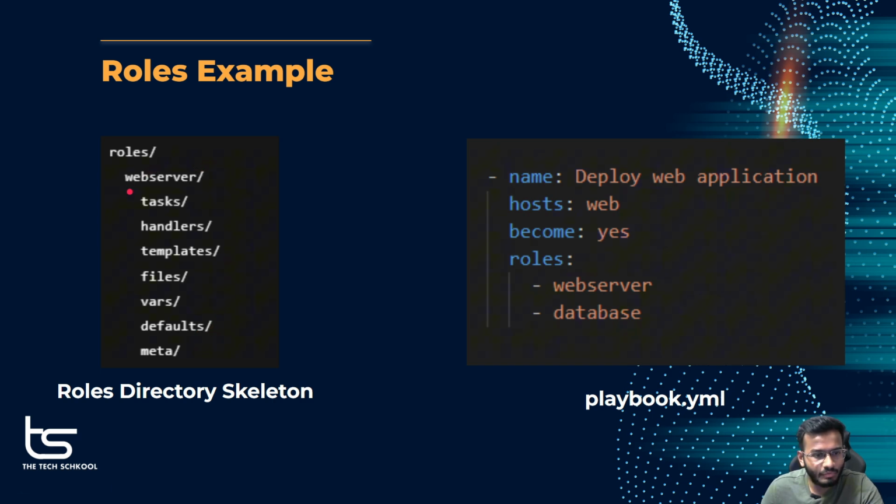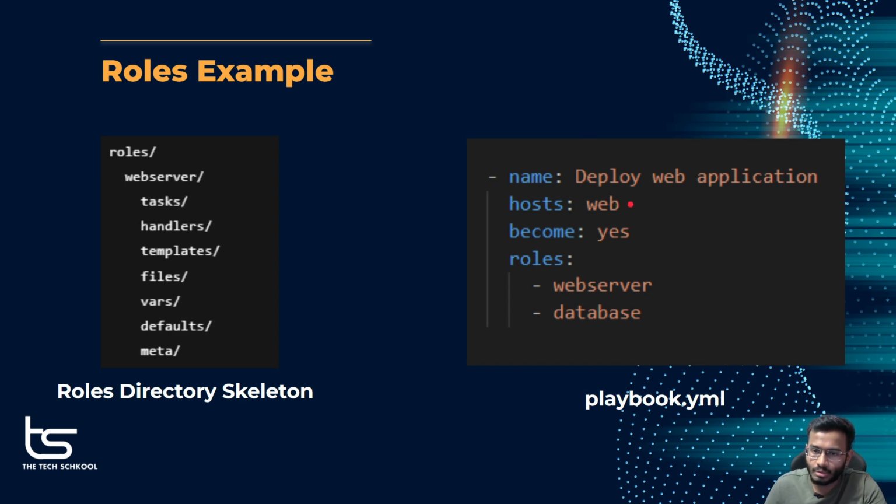You can see that web server is assigned its own specific tasks, handlers, and templates. When we run the final playbook, the master playbook, we just need to run it, and the entire application or the entire code should run appropriately.